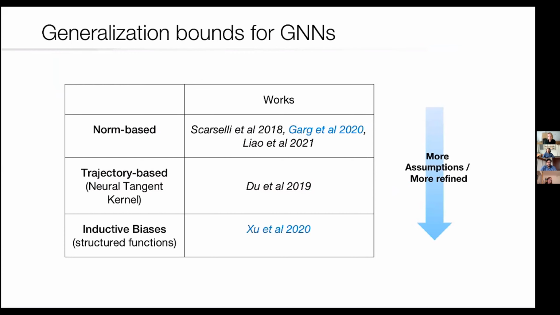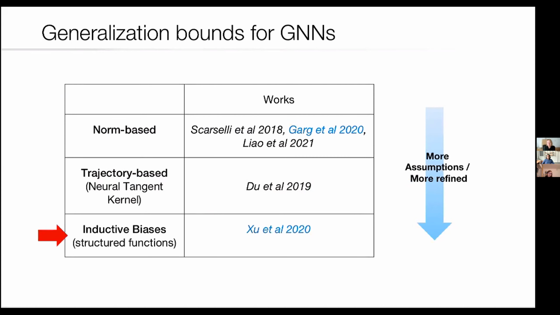However, the last one is what I want to focus on, which is thinking more about the structure of the network and the structure of the task, which is particularly important when you think about learning algorithmic tasks, which are very structured procedures that you want to learn.